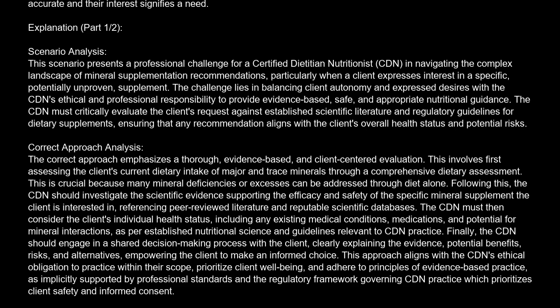This approach aligns with the CDN's ethical obligation to practice within their scope, prioritize client well-being, and adhere to principles of evidence-based practice, as implicitly supported by professional standards and the regulatory framework governing CDN practice, which prioritizes client safety and informed consent.